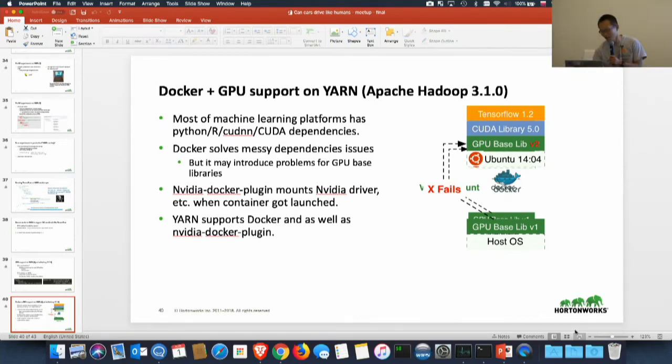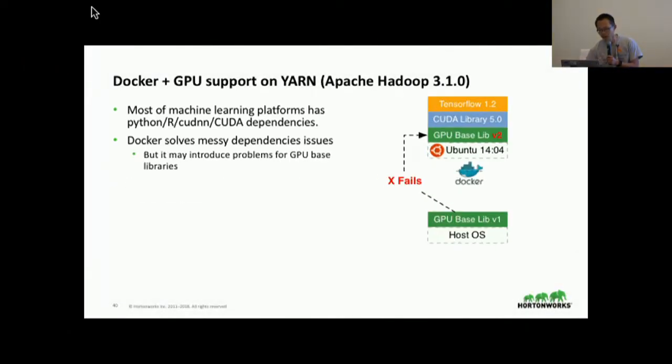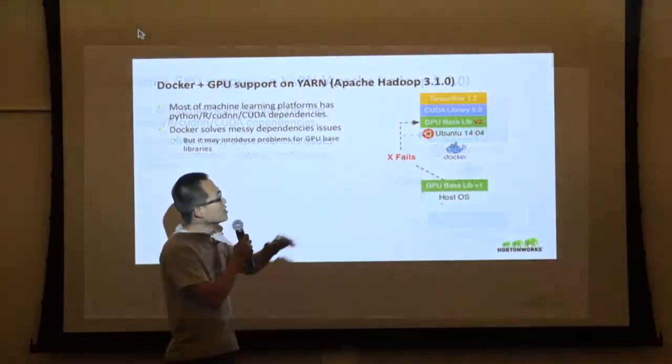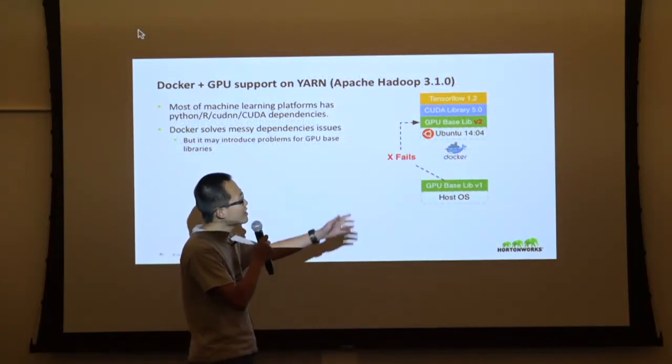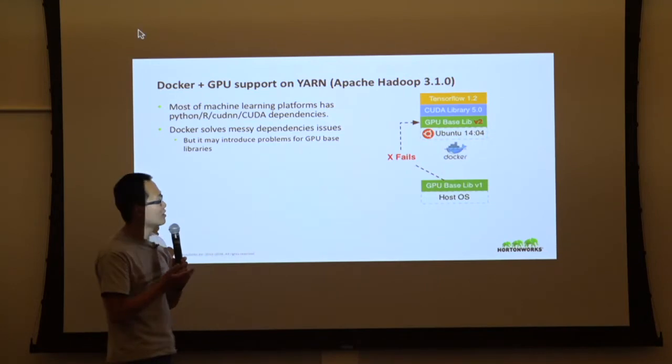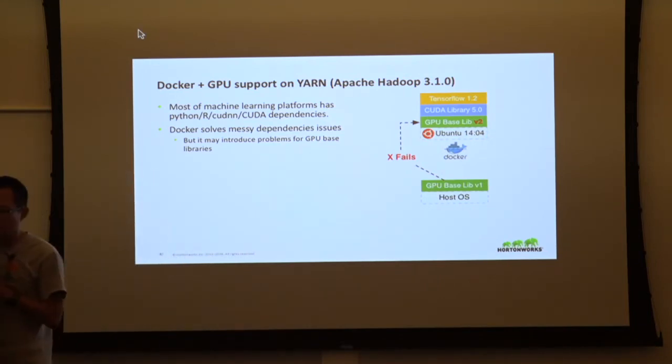So I think it's better to play this slide. For example, we have the host OS, and a GPU-based library which includes the driver. When the driver version does not match the driver version inside the Docker container, the launch will fail. You cannot get any result.